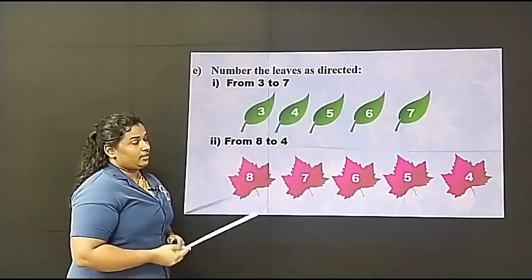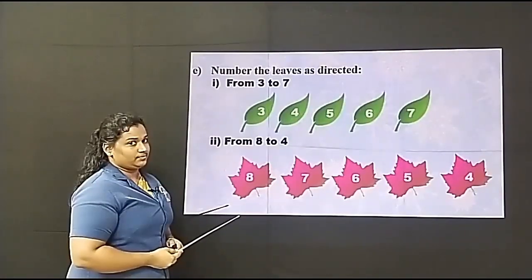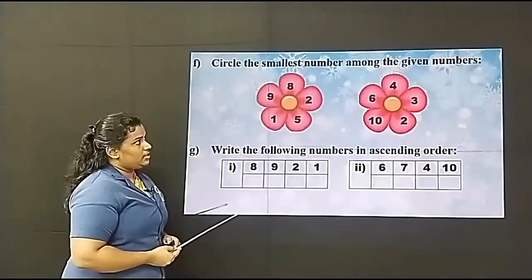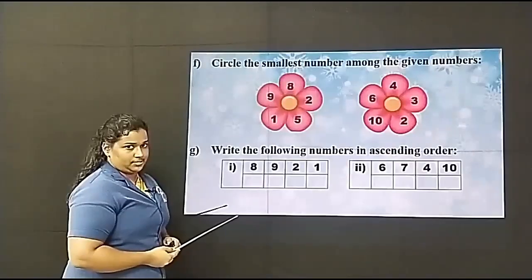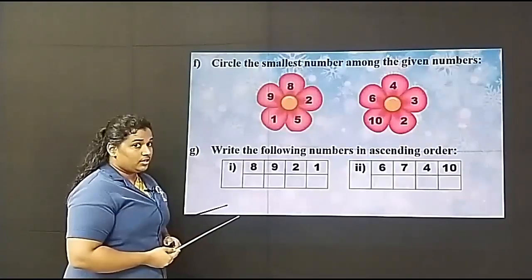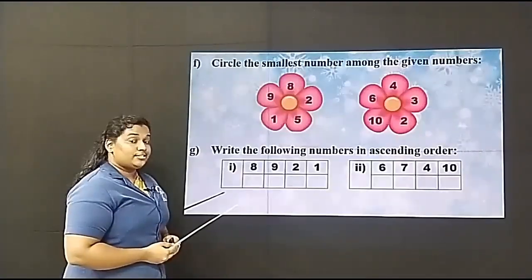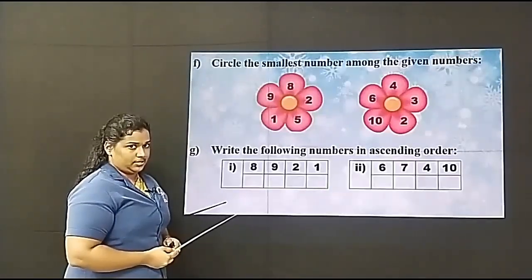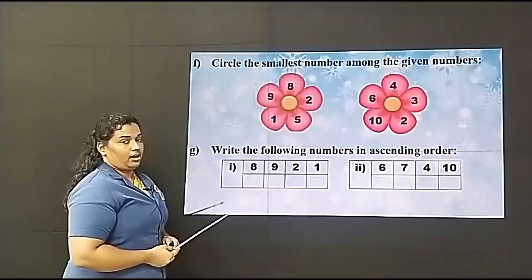Let's move to the next question. Circle the smallest number among the given numbers. So, here you have to identify the smallest number among the given numbers. Look at the first flower.